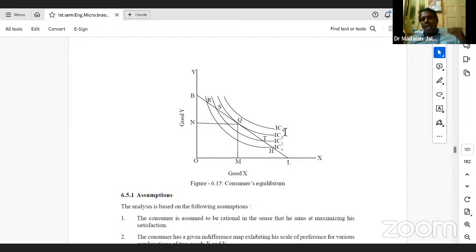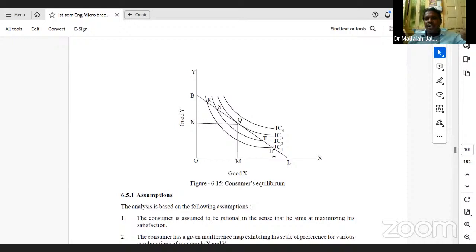If we observe, for example, IC1, the combination at H, BL is the budget line, R and H. If he wants to purchase the Y commodity and X commodity, there is still a surplus amount of money if he purchases R and H. What does it mean?